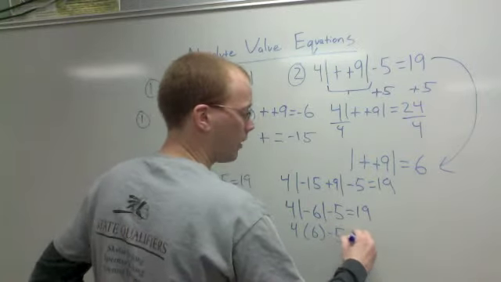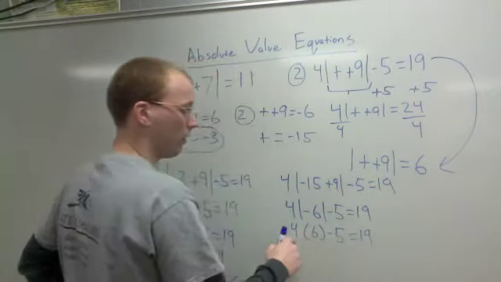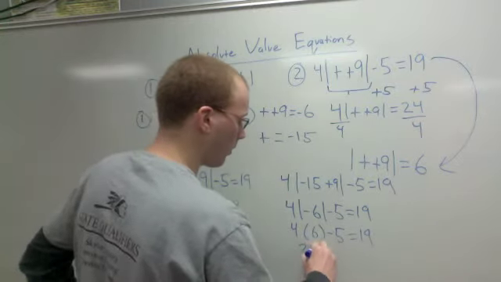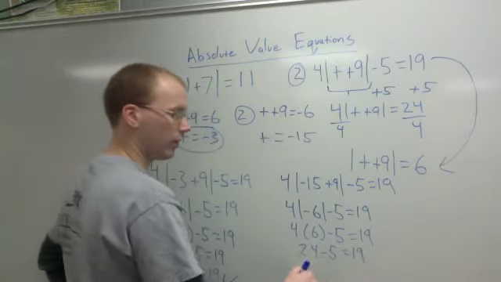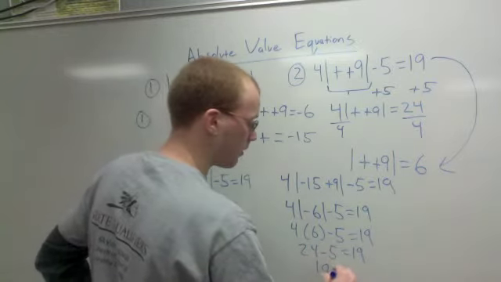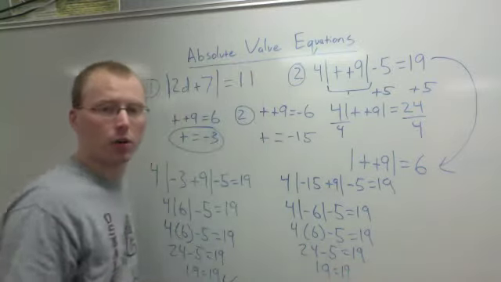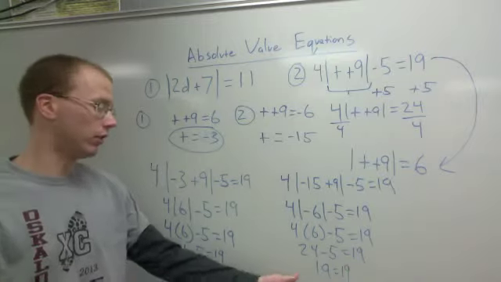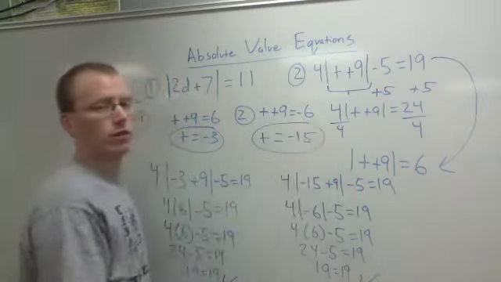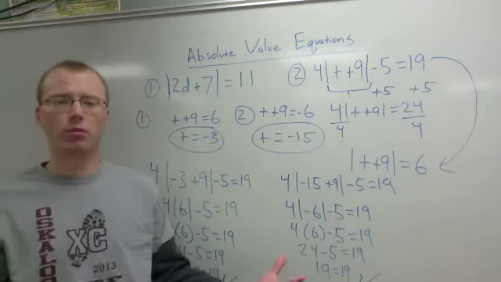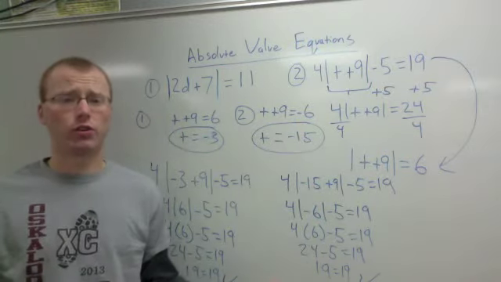I think a lot of you can see where this is going now. 4 times 6 is 24. 24 minus 5. We end up with 19 equals 19 again. So this checks out. That is a solution. So in both our problems on the board, all of our solutions worked out.